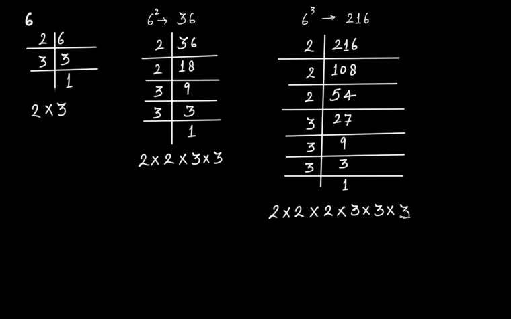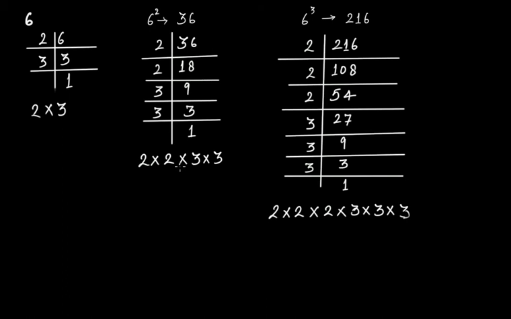Okay. So in 6, we have 2 prime factors, 2 and 3. In 36, again we have 2 prime factors, 2 and 3. But here is a difference. When it is the square of 6, that is 36, the count of 2 is 2, that is twice of the count in 6. And the count of 3 is 2 times the count of 3 that we have in 6.